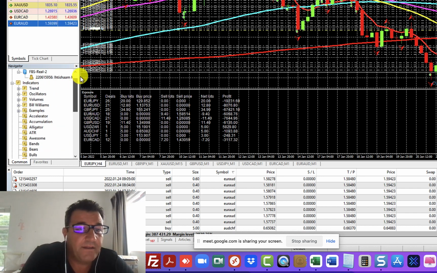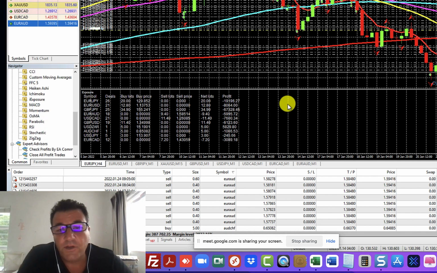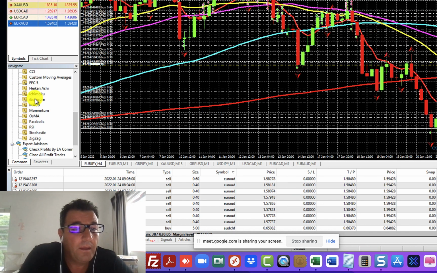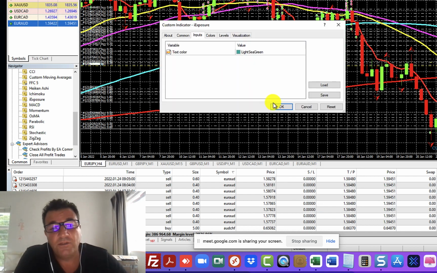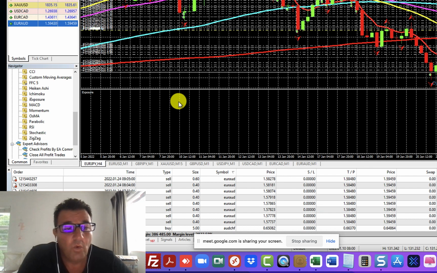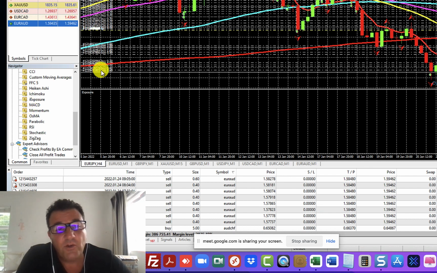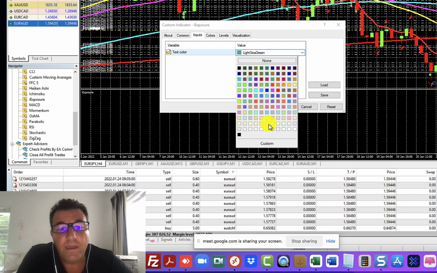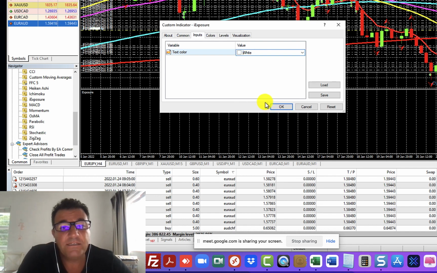So if it's under the indicators, you go to indicators, just going to remove it, delete indicator window. You go to iExposure and you drag it onto the chart. The first time you use it, it doesn't work, so you have to drag it onto the chart a second time. And you can just change this to white, and then you can click OK.